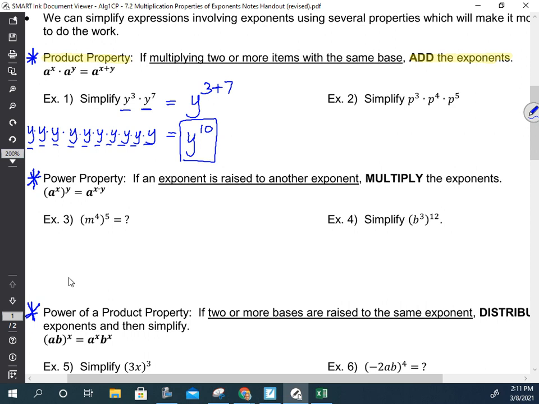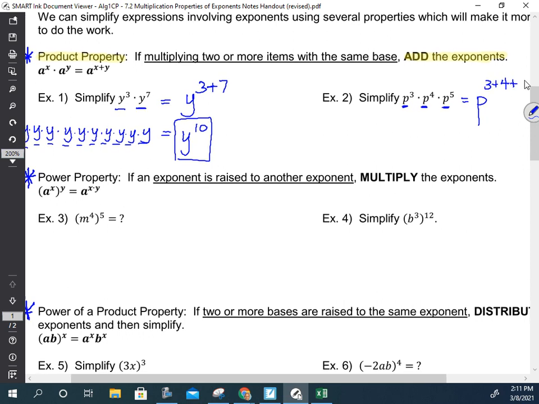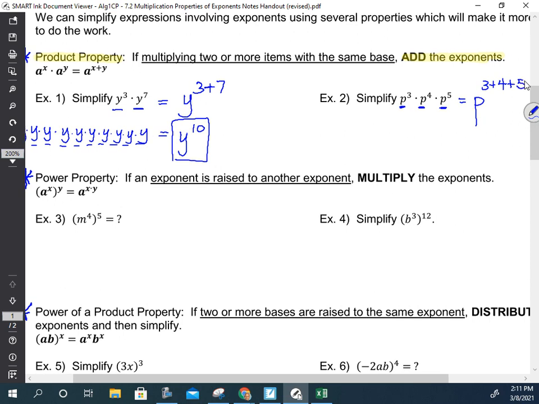Example 2 is the same thing. You're multiplying three things with the same base. So you keep the base, and you add the three exponents.